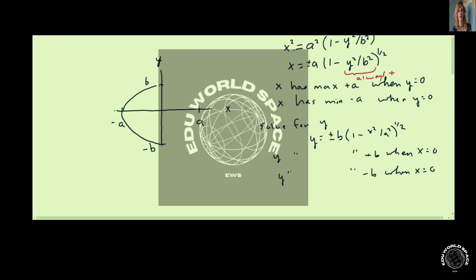Now, showing it's identical to an ellipse is a little bit tricky, but I don't think the problem is asking for that, to develop a conic section equation and look for the foci and all that kind of thing. Hopefully we aren't going to be doing that in this problem.